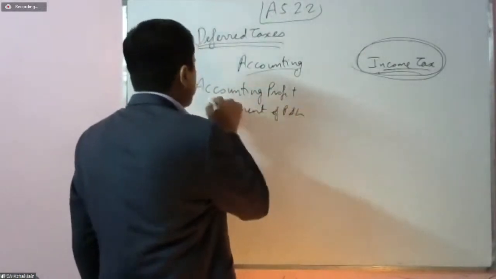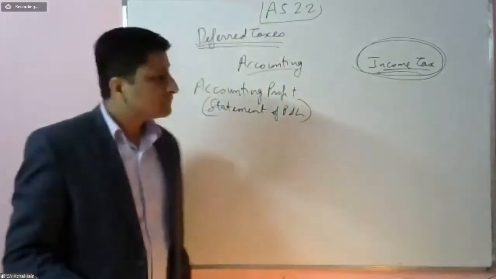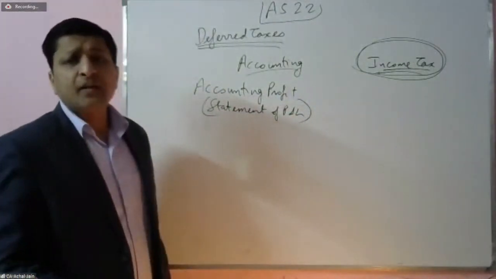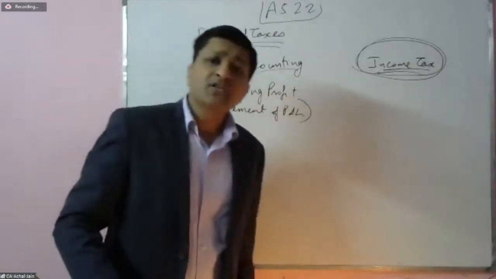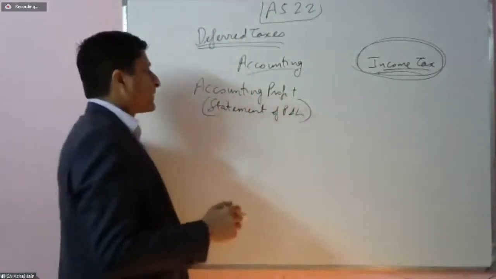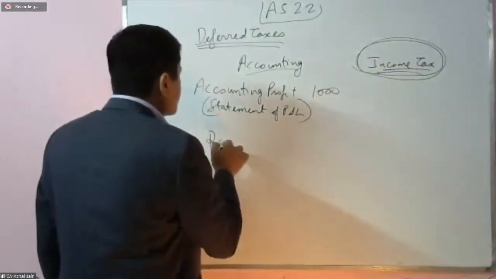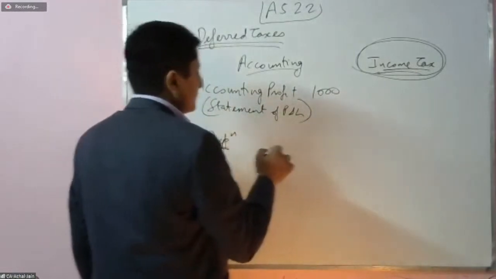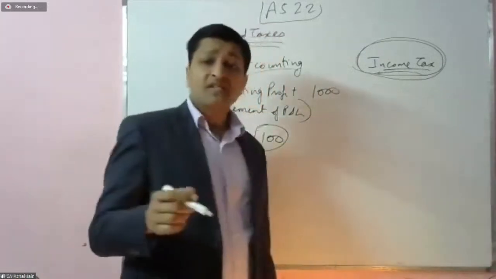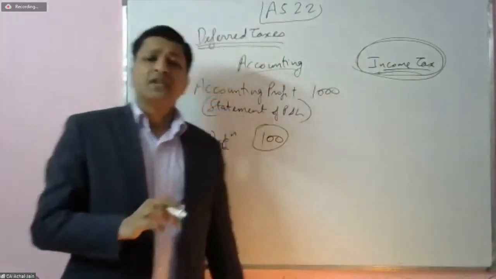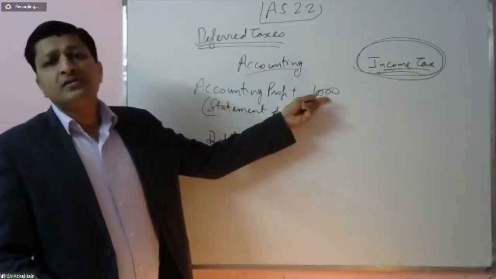Now let's suppose that while computing a profit, a depreciation charge was considered. Say we got a profit of rupees 1000, wherein a depreciation charge of 100 rupees was considered. That means after reducing depreciation in the books, profit came out to rupees 1000.